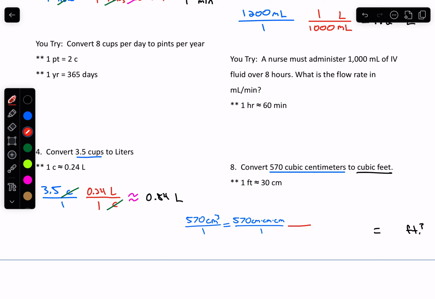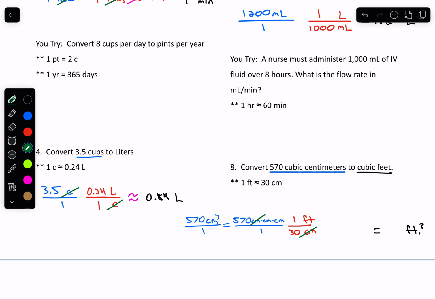Because if I multiply by feet over centimeters, where 1 foot is approximately 30 centimeters, this is good. I cancel out one of these units, where 1 centimeter cancels with the one on bottom. But notice that at the end, I need 3 units of feet multiplied together, because feet cubed. And right now, I've only canceled out 1 centimeter, so I have 2 centimeter units still there. So I need to keep going.